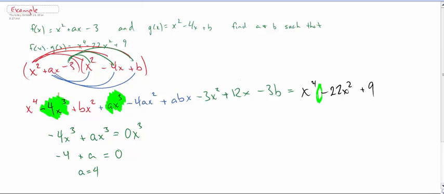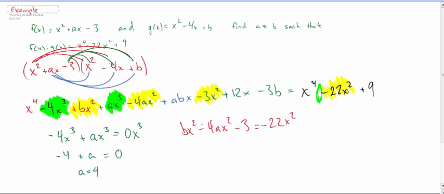We need to check the rest of these terms to make sure that this does indeed work, though. So now let's look at the squared terms. Anything that has an x squared in it needs to add up to negative 22x squared. So bx squared minus 4ax squared minus 3x squared equals negative 22x squared.